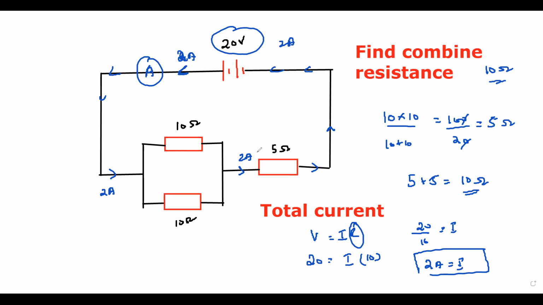So if I say what is the voltage across the 5 ohm resistor, or potential difference, sometimes they say potential difference PD or sometimes the word voltage.